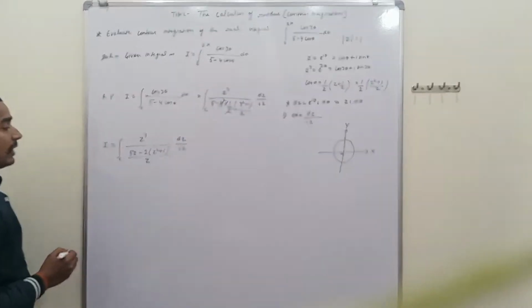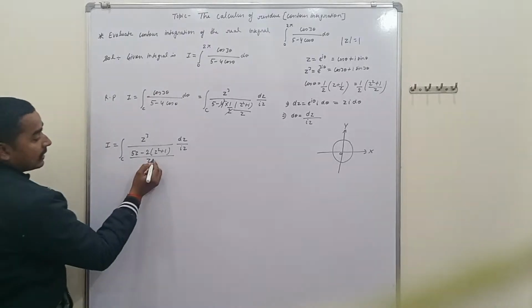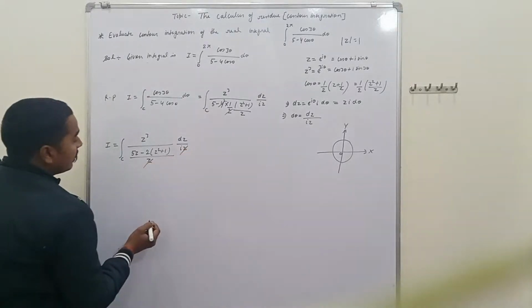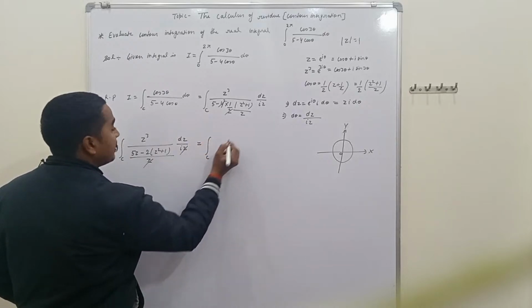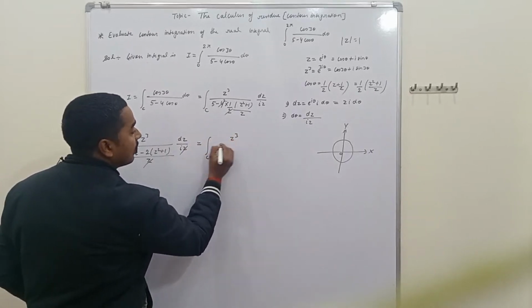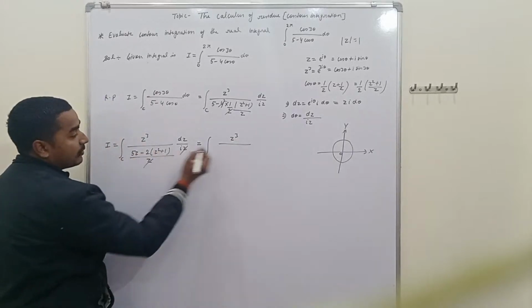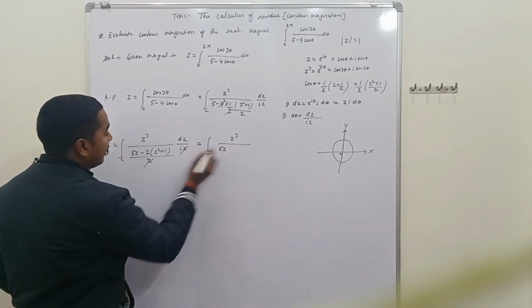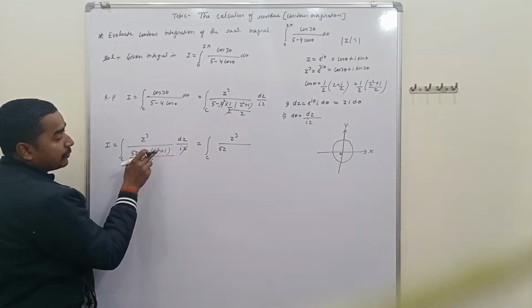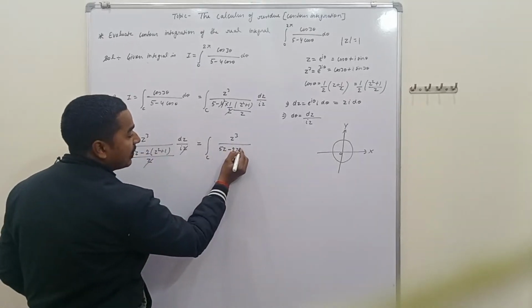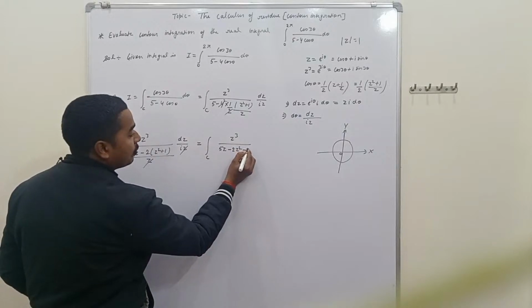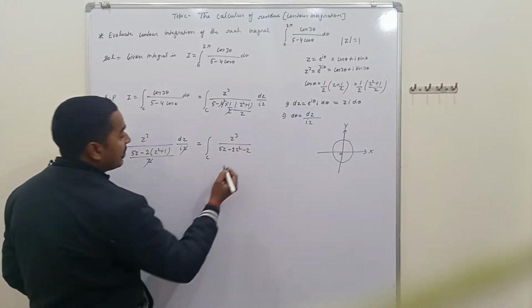From here we cancel the terms, that is z to z is cancelled out, then the remaining is the closed integral z cube upon 5z, and multiplying minus 2 with z square plus 1, that is minus 2z square and minus 2.